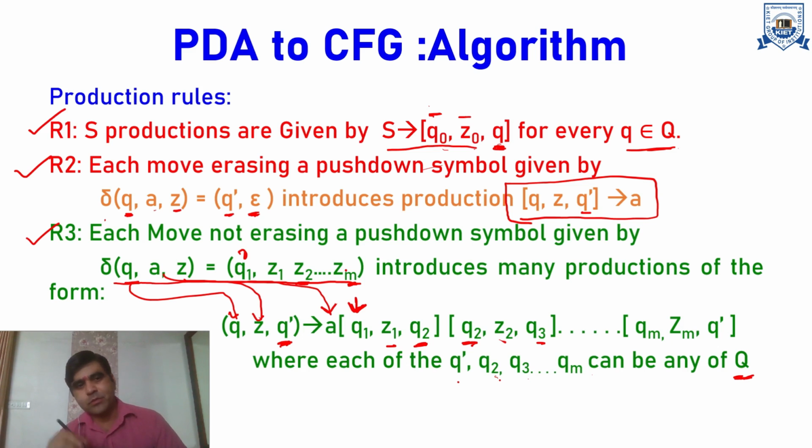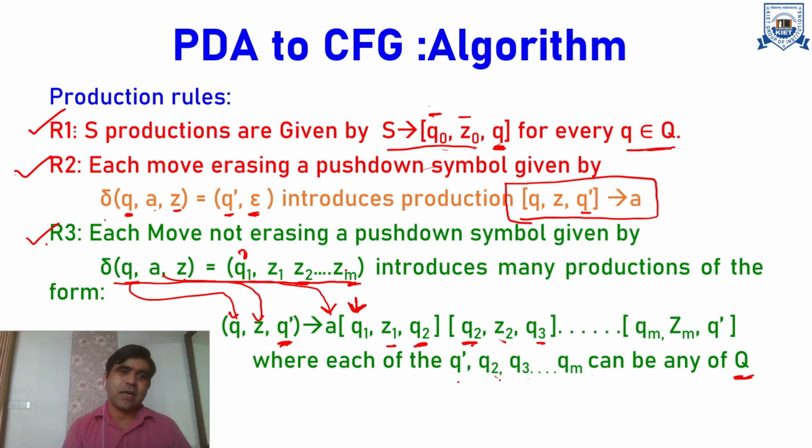So these two types of rules are the only ones, because when we write down the transition rules for the push down automata, we are either popping a symbol from the stack, or inserting, or not doing anything, meaning we are not erasing a symbol. So only these two types of rules, R2 and R3, are there, and by applying these two we can write down the equivalent production rules.